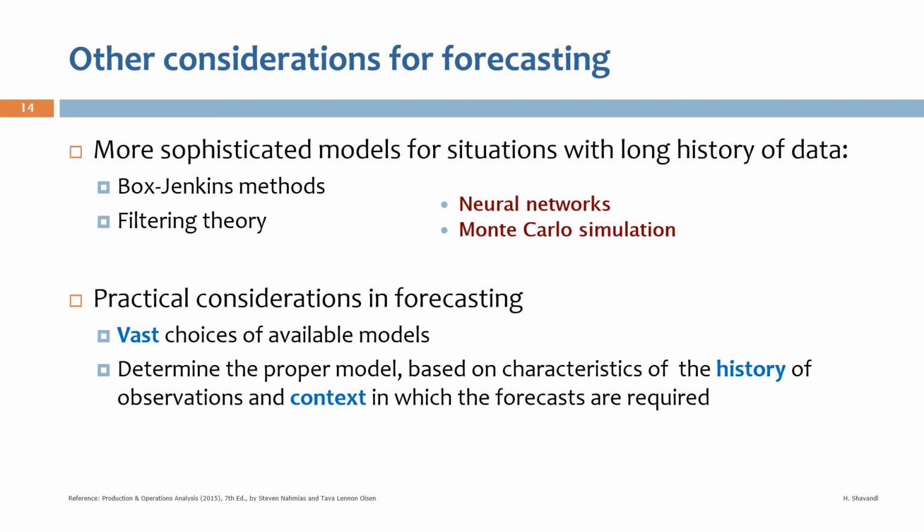There are many sophisticated models, and if we have a long history of data, we may want to go with more sophisticated models like the Box-Jenkins method, filtering theory, neural networks, Monte Carlo simulations, or other models.